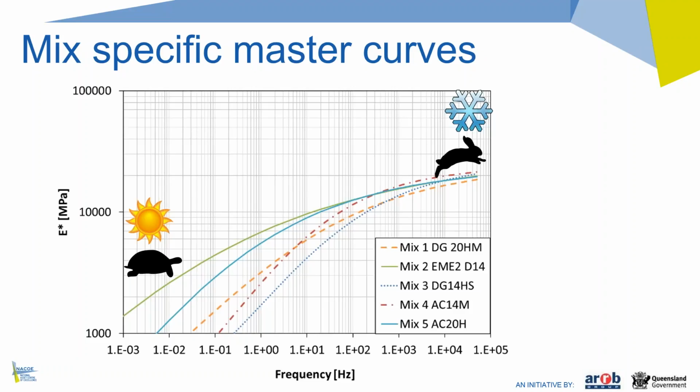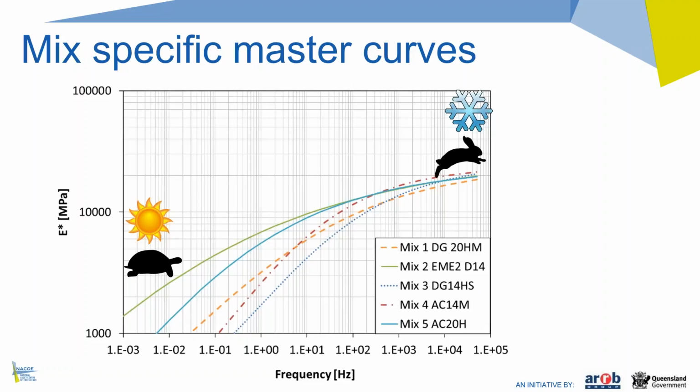So we have here on this slide the master curve for a GG20HM, an EME2, a DG14HS, so that is a polymer modified surfacing mix. Then there's an AC14M and another AC20 mix.